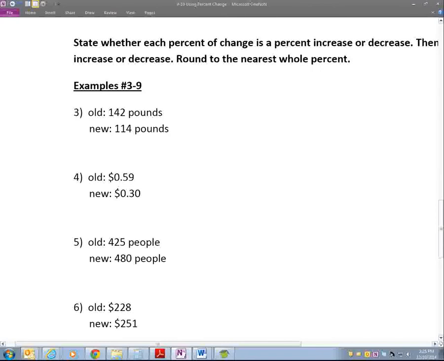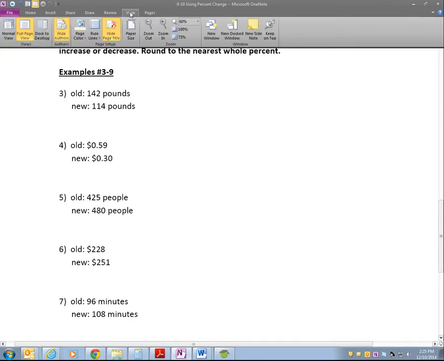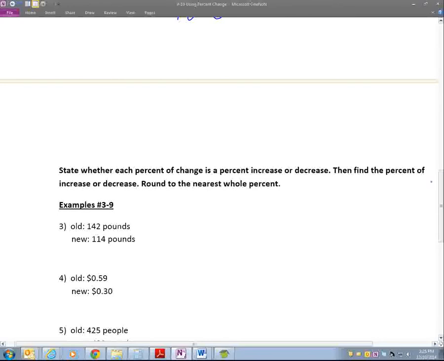Now, speaking of negativity with integers, what I'd like you to do is, on the top of your page, this is what I wanted you to do, especially for those of you who struggle with integers.